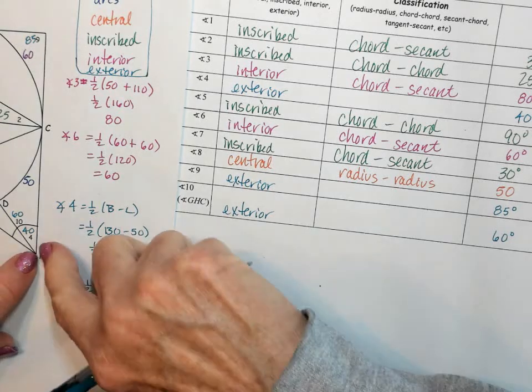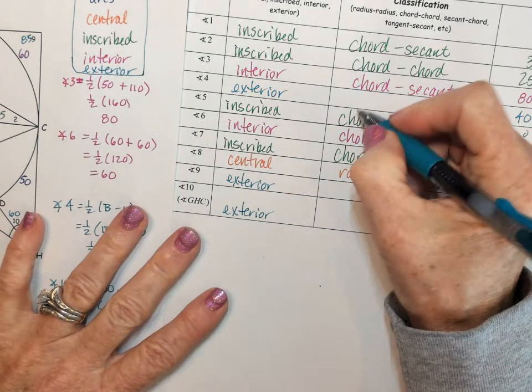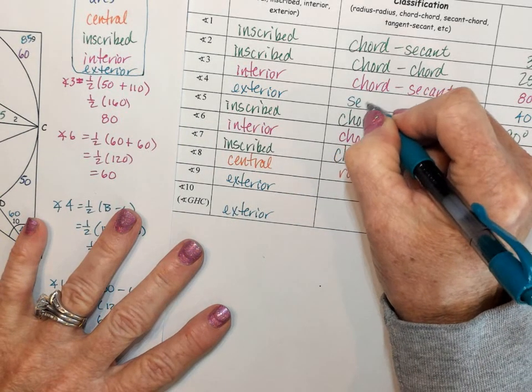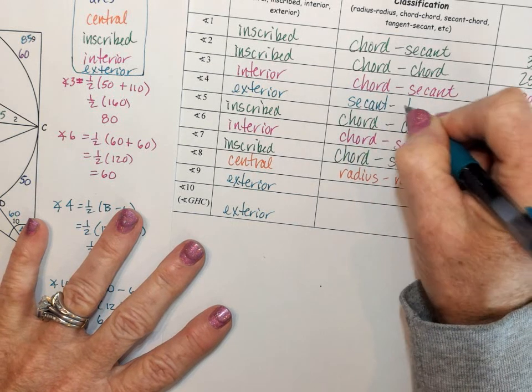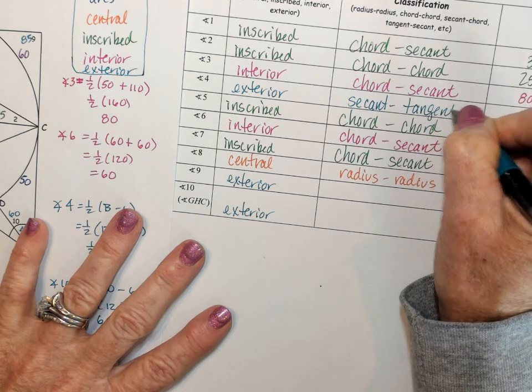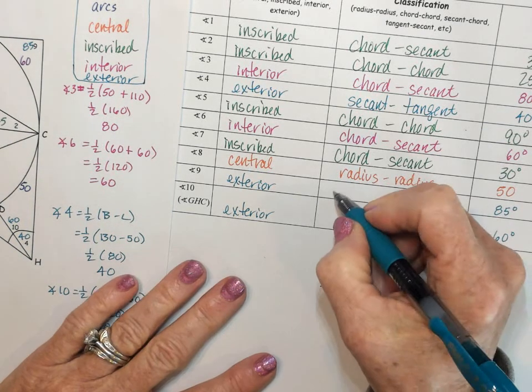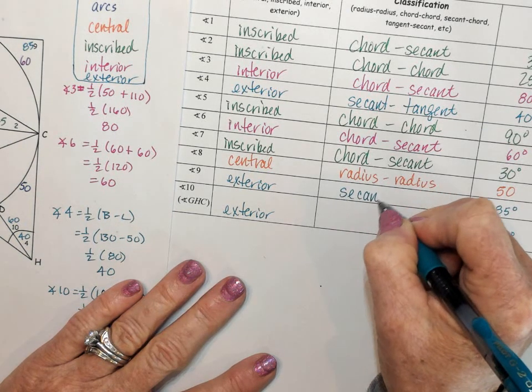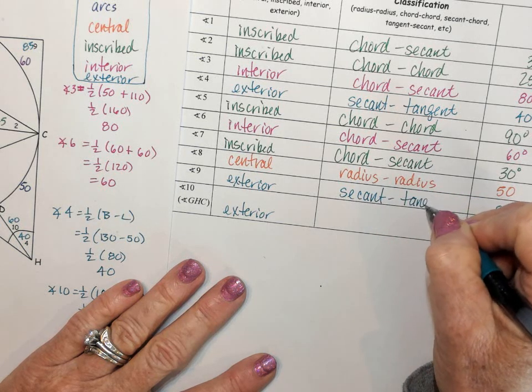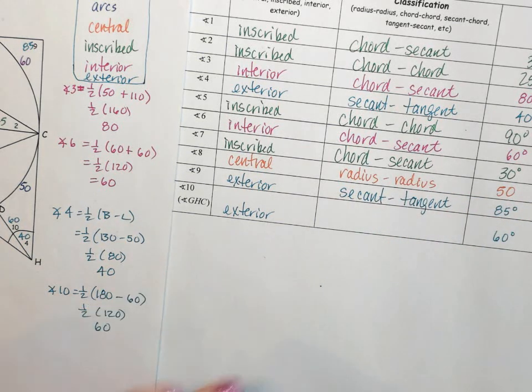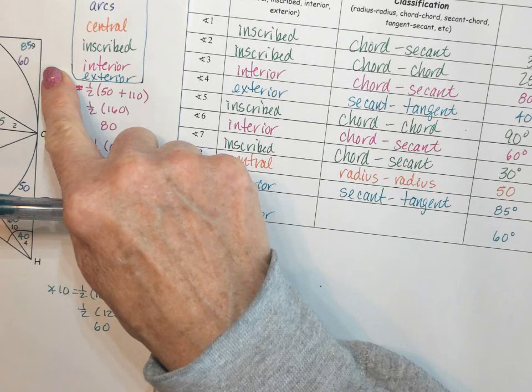Four was a tangent and a secant. 9, tangent and a secant. And angle 10, here we go, tangent and a secant.